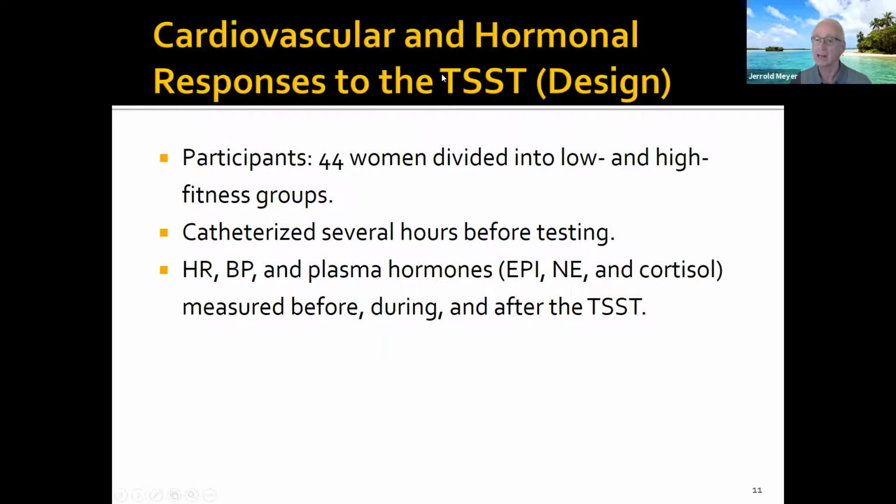In this particular study, it wasn't important to us necessarily, but the authors were interested in whether having differing degrees of fitness affected your stress responses in this test. They were catheterized, and plasma hormones, epinephrine, norepinephrine, and cortisol, were measured before, during, and after, as well as heart rate and blood pressure.